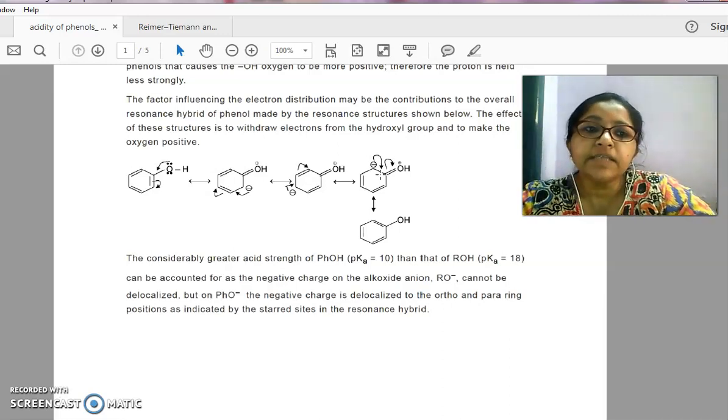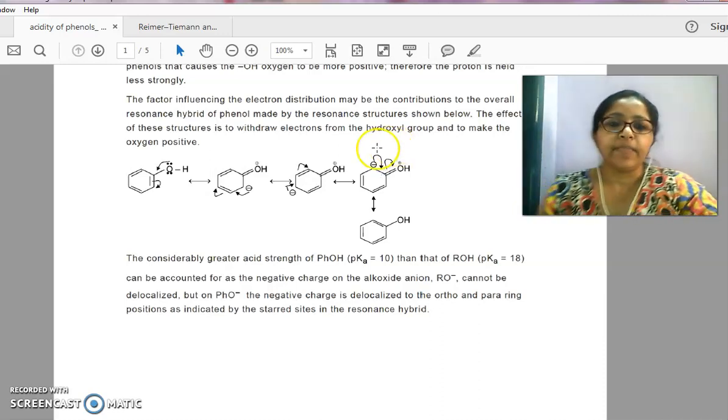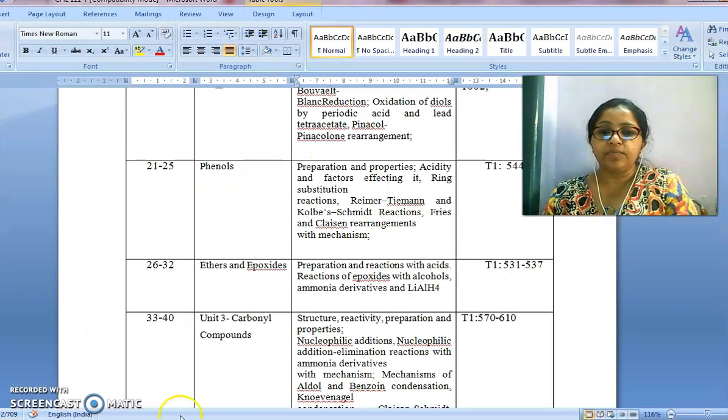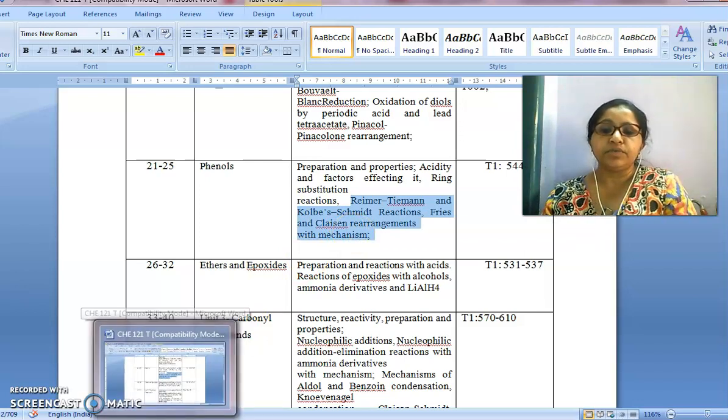So the ring substitution reaction which is included here is not nucleophilic, rather it is electrophilic, means something which is electron deficit and which is having a liking for electrons. So all this portion that I have shown, you will find that all of them are electrophilic substitution reactions.